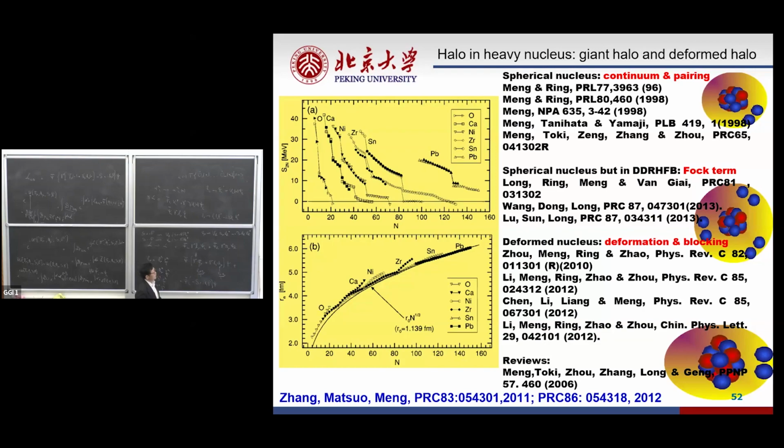And then if you see the root mean square radius, we plotted the root mean square radius as a function of neutron number from oxygen to nobelium 108. From this figure, you can see something very interesting. Because generally, with the increasing of the neutron number, this line goes as N to the 1/3, right?